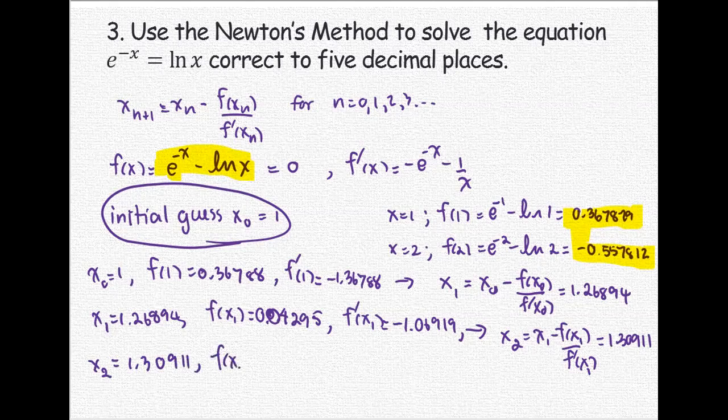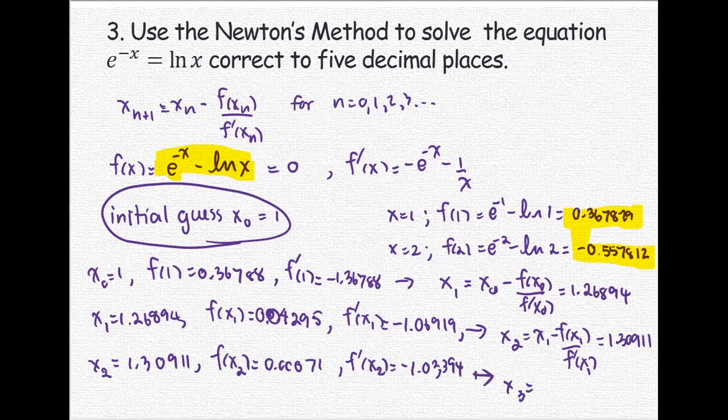The f at x2 is 0.00071. The f prime at x2 is negative 1.03394. And then use x2, f(x2), and f prime of x2 to find x3.